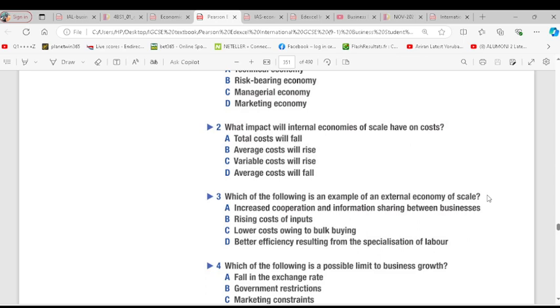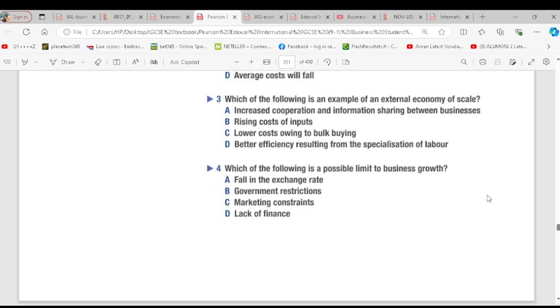What impact will internal economies of scale have on costs? Obviously, average cost will fall. Great. D. Because will rise means it's diseconomies. That's the opposite.